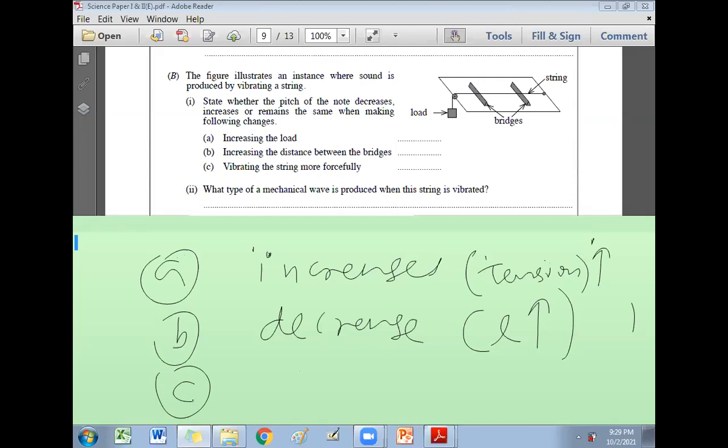Right, I'll ask the answer from Arosha. Increase. Okay. Devish? Remain same. Yeah, that is the answer.